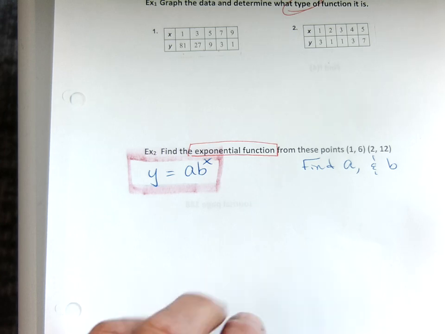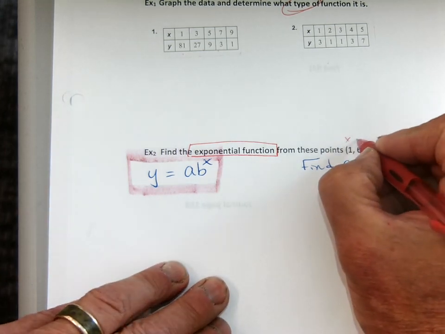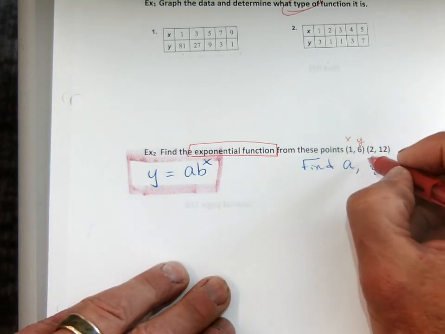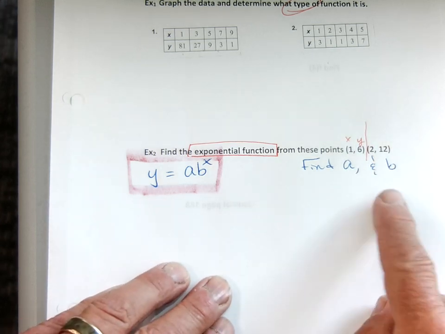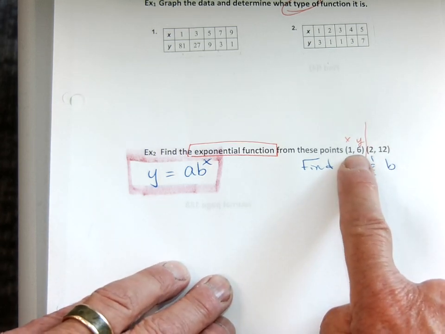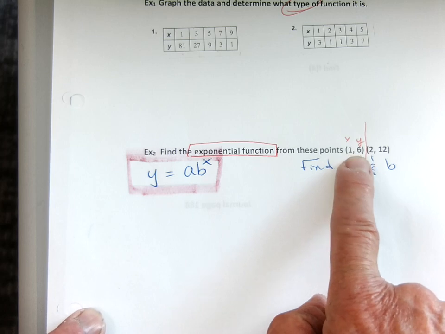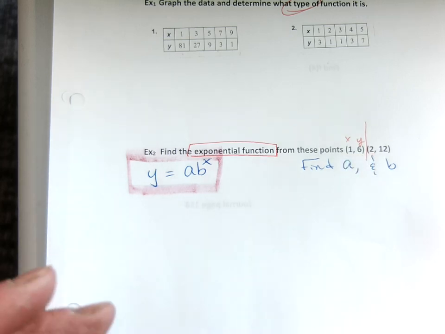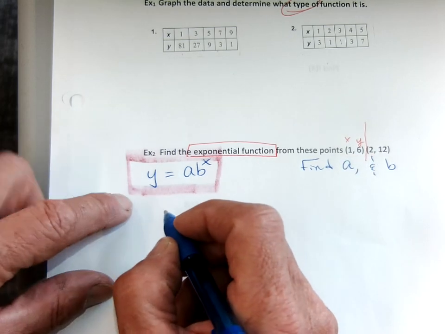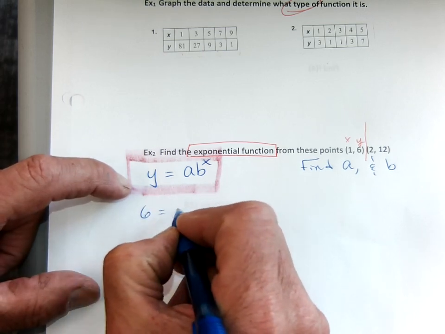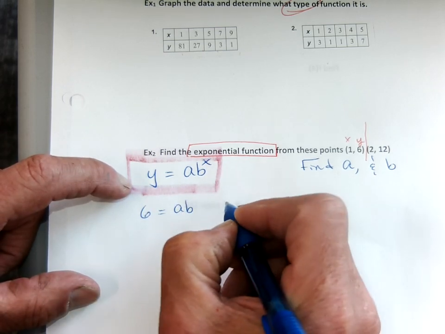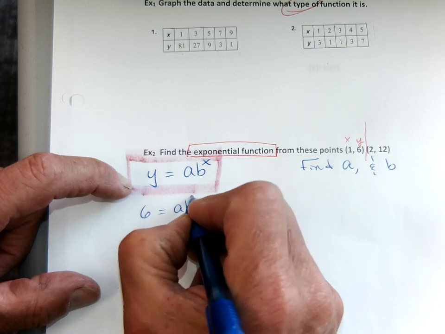Now every point has some x and y value, right? So I'm just going to use the first point first. Okay, so we'll use the 1, 6 first. I'll plug the 1 in for x and the 6 in for y. So we'll do this. I'll go 6 equals ab to the 1 power, okay?